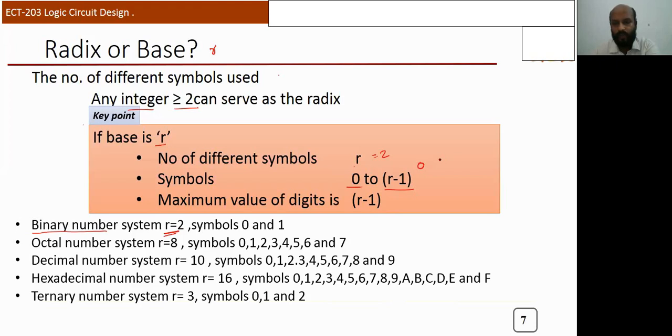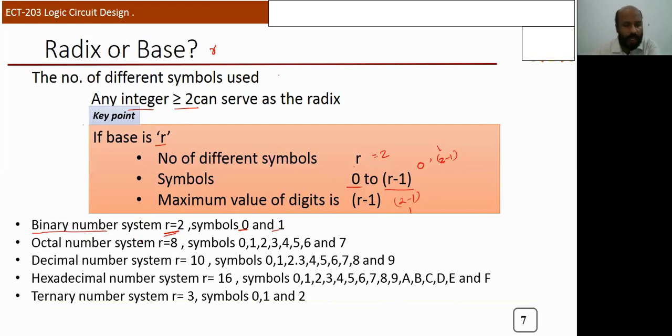So r is 2, 2 minus 1 is 1, so 0 to 1, only 2 values. The maximum value of a digit is r minus 1, that is 2 minus 1, so you are getting 1. In the binary number system, 2 different symbols, 0 and 1, and the maximum value used is 1.